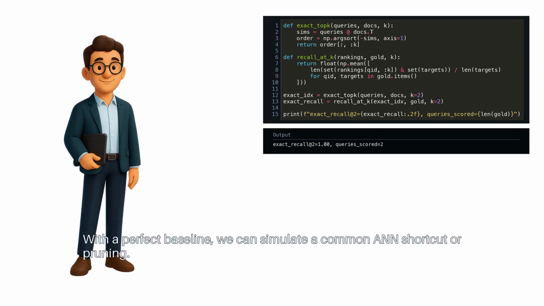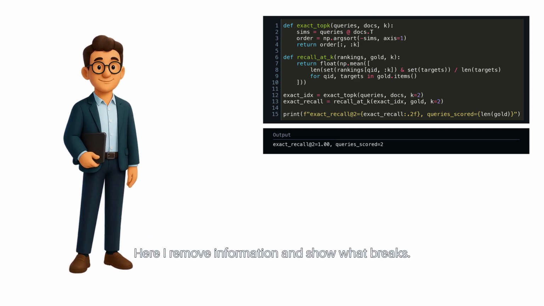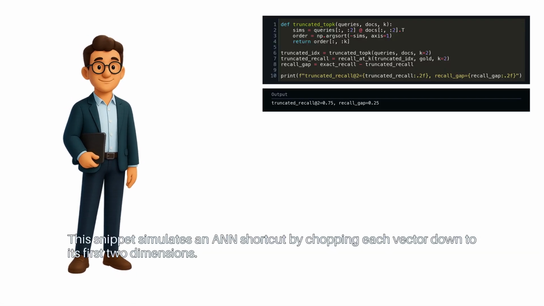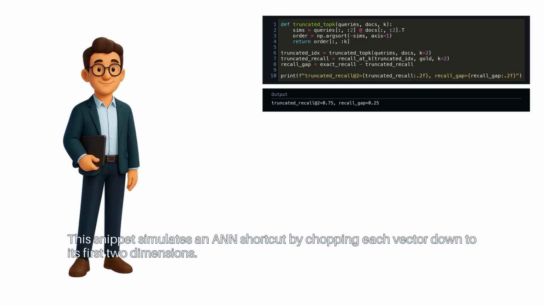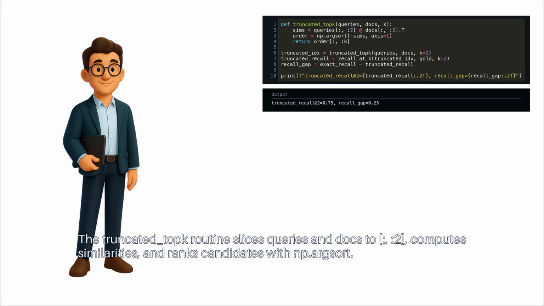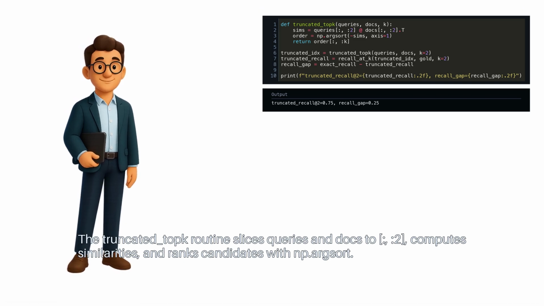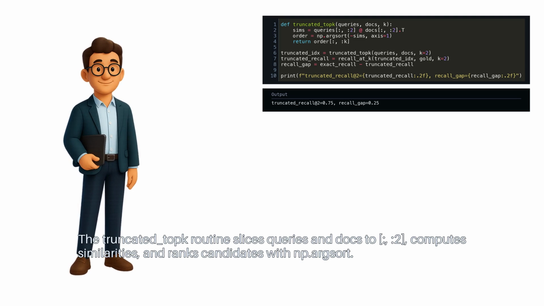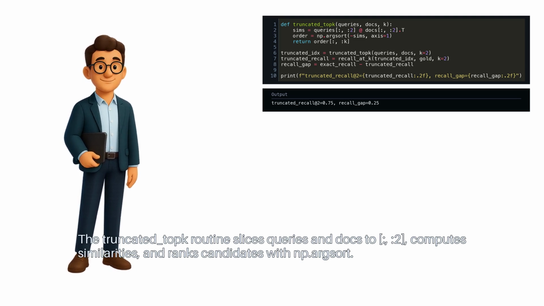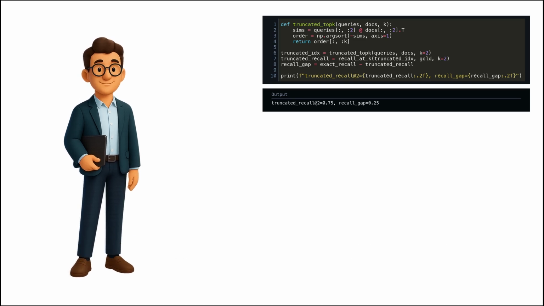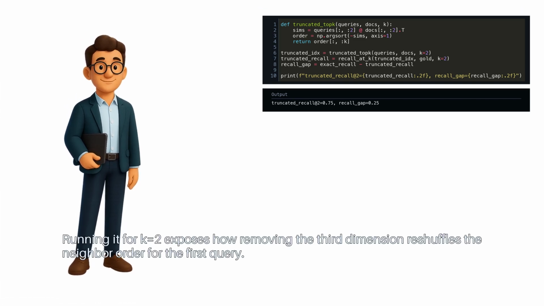With a perfect baseline, we can simulate a common ANN shortcut or pruning. Here, I remove information and show what breaks. This snippet simulates an ANN shortcut by chopping each vector down to its first 2 dimensions. The truncated top k routine slices queries and docs to :2, computes similarities, and ranks candidates with np.argsort. Running it for k equals 2 exposes how removing the 3rd dimension reshuffles the neighbor order for the first query.